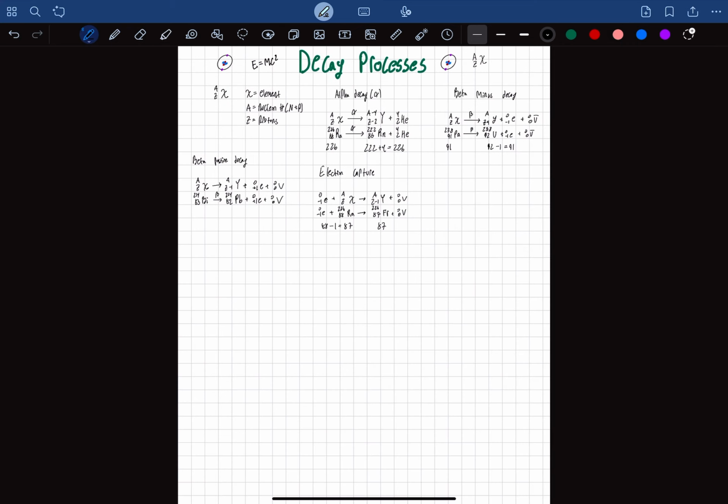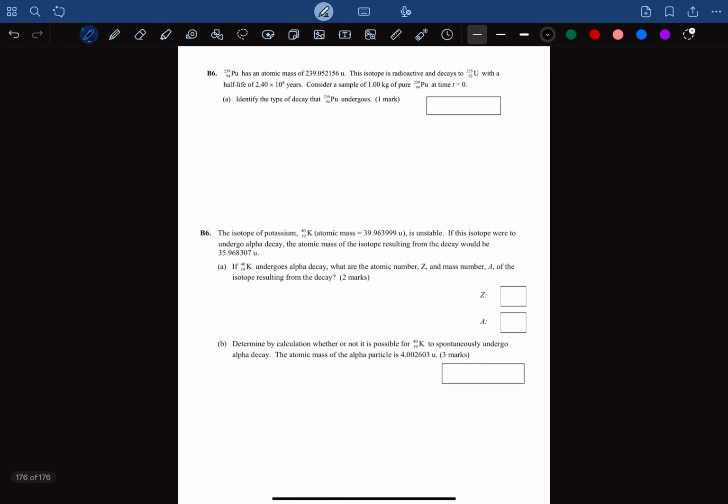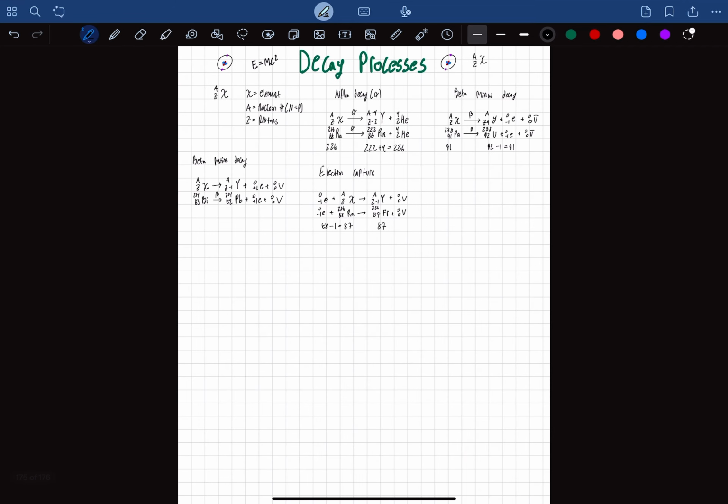The last thing before we go on to more practice problems is, actually just two more things. First is gamma decay. It's not very important, and this is when there's a change in the nucleus. A gamma photon is emitted when the nucleus is in an excited state transitioning to a lower energy state.